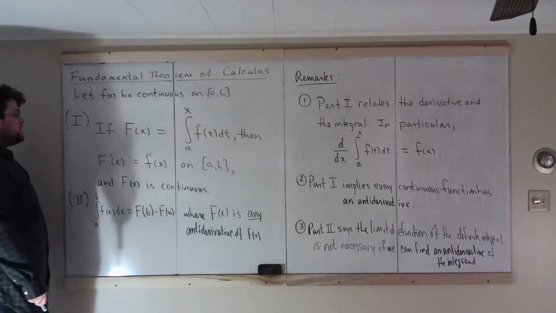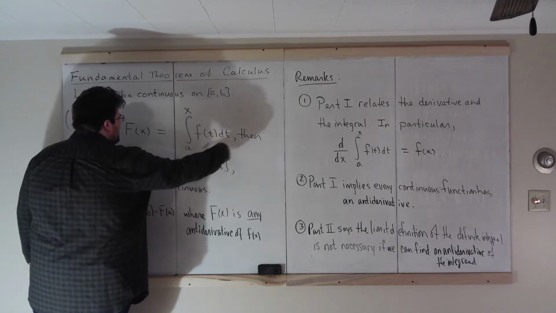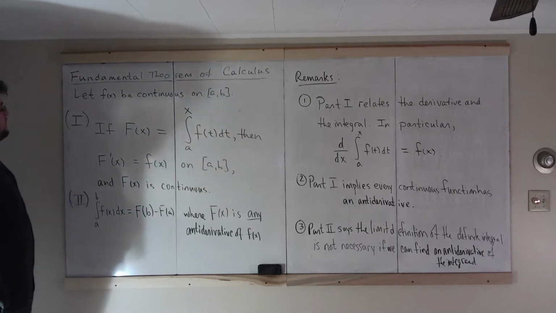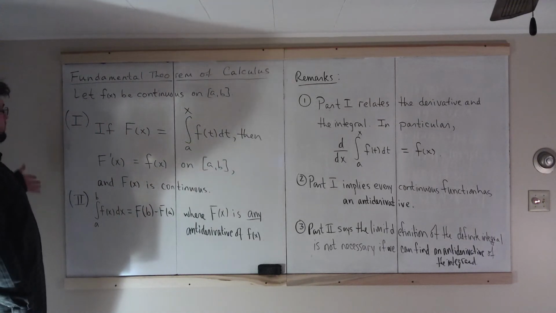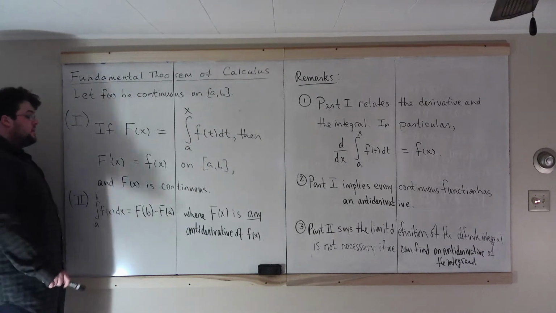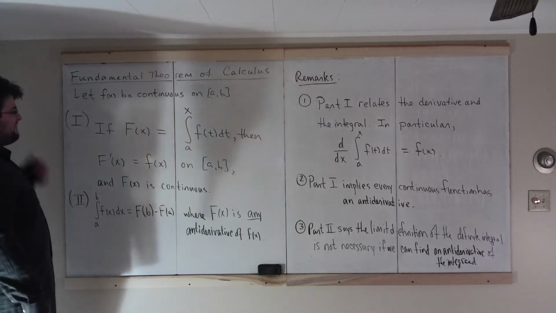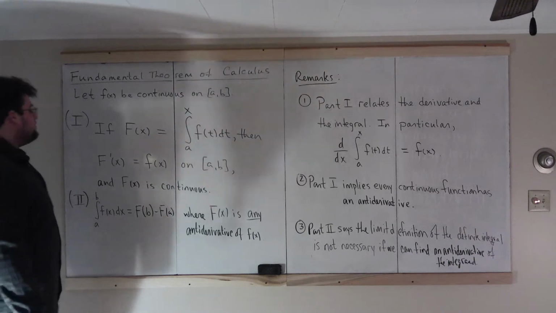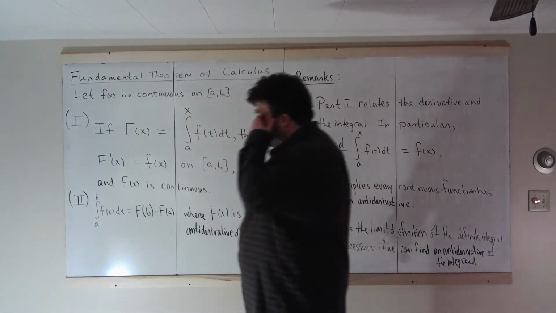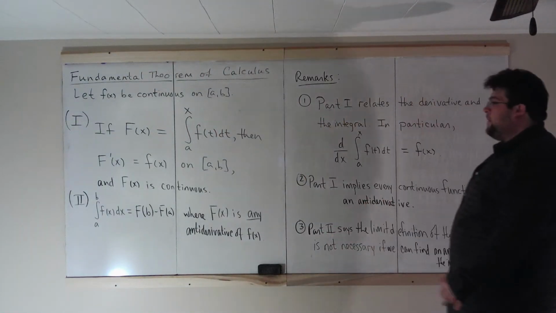But if it is just an x, its derivative is the inside function. That's one result. The second result for part 1 is this capital F is continuous. Again, more on that in a moment. In our discussion of the first part, I'll mention a little about what that means.